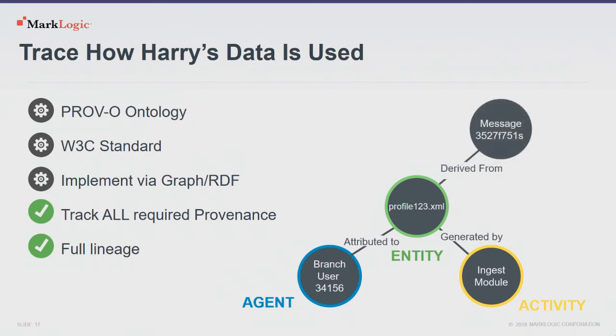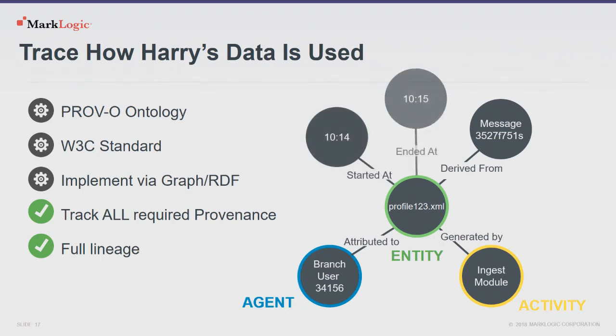It was derived from message 3527F751S from a message bus. Okay? And the process started at 10:14 and finished at 10:15. We have just captured a lot of the essential components of what it takes to describe how a transaction was performed within the database. And what happens is every time somebody reads that, and every time somebody updates that entity, we store the same information.